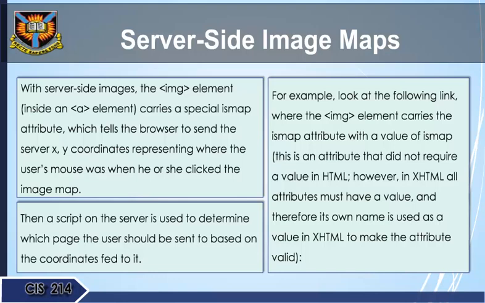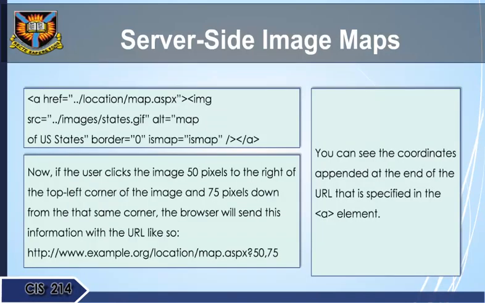However, in XHTML, all attributes must have a value, and therefore its own name is used as a value in XHTML to make the attribute valid. <a href="/location/map.aspx"><img src="/images/state.gif" alt="map of US state" border="0" ismap="ismap" /></a>.